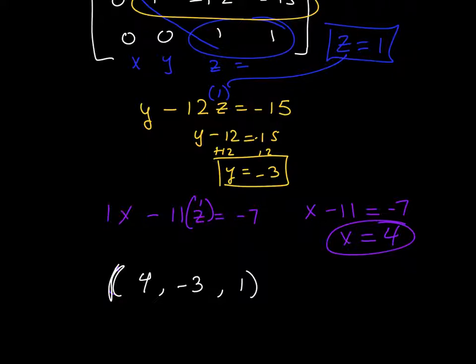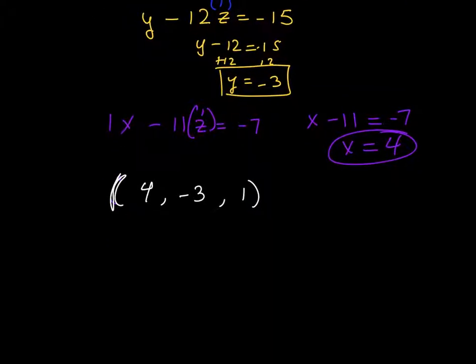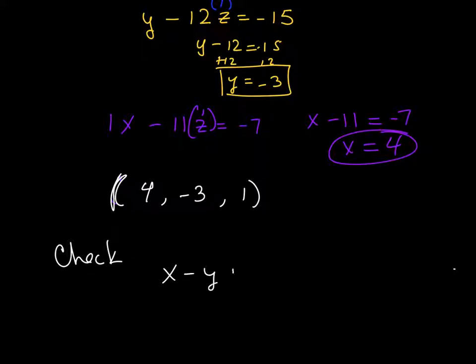Now, if we want to check this, which is always a good idea after doing all of this work, let's go back to one of the very original equations and see. So our first equation was x minus y plus z equal to 8.